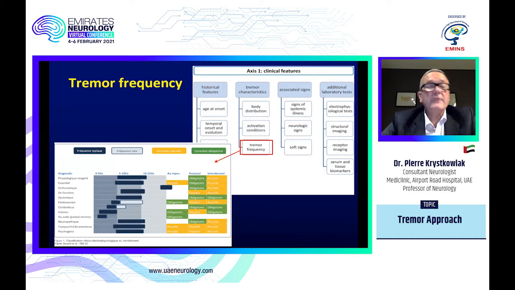And for myorrhythmia, we're going to talk about myorrhythmia. It's a very, very slow tremor, roughly 1 or 2 hertz. And also palatal tremor is very slow as well. But most tremor are between 4 and 10 hertz. And honestly, the frequency is not very helpful to find first of all, the clinical syndrome and then the etiology.